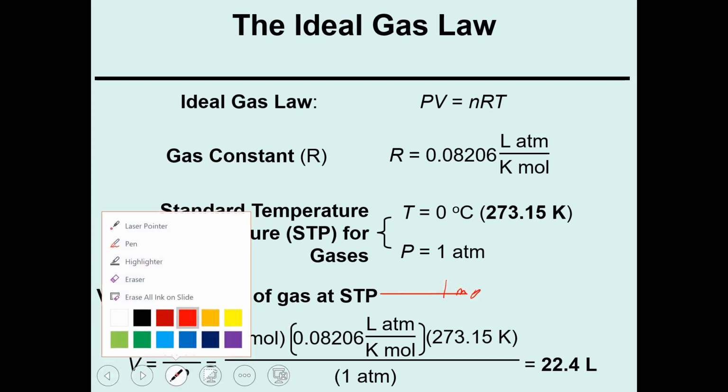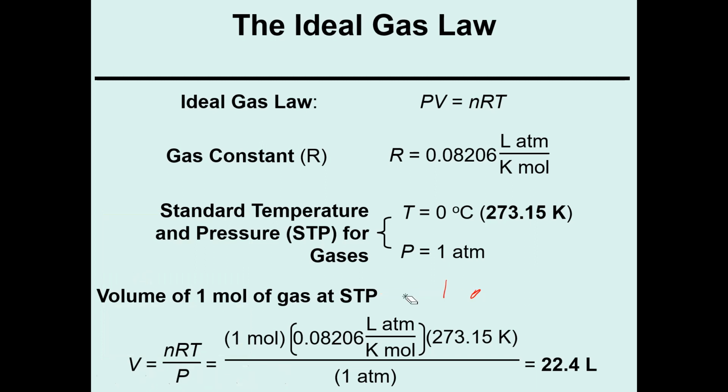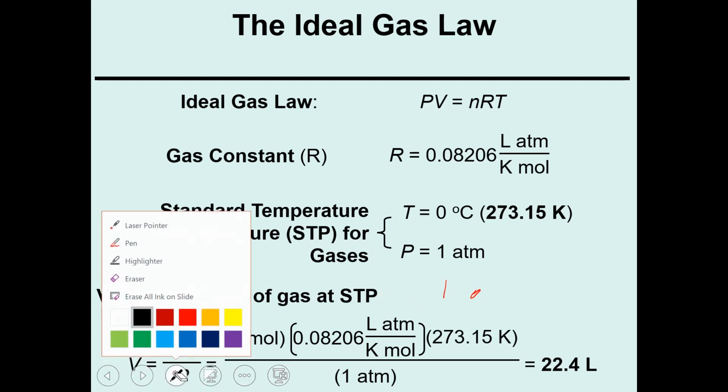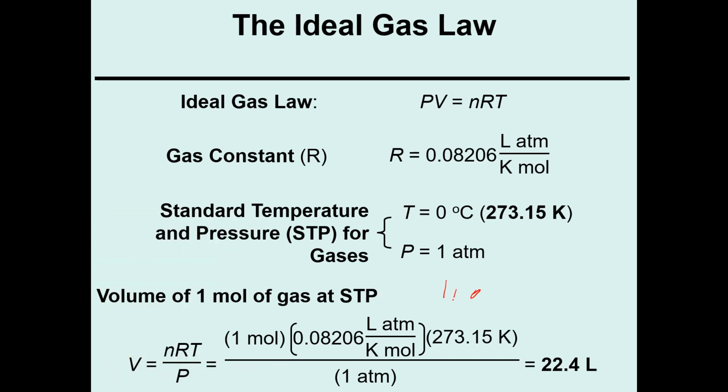So if you are working a problem that involves some stoichiometry, and you have to figure out the volume of a certain number of moles of gas, if it happens to be at STP, you can use the relationship 1 mole equals 22.4 liters.